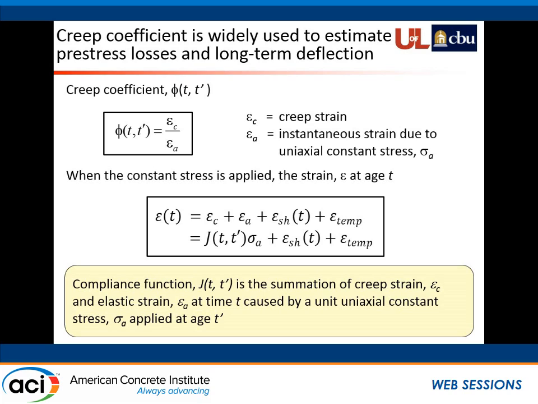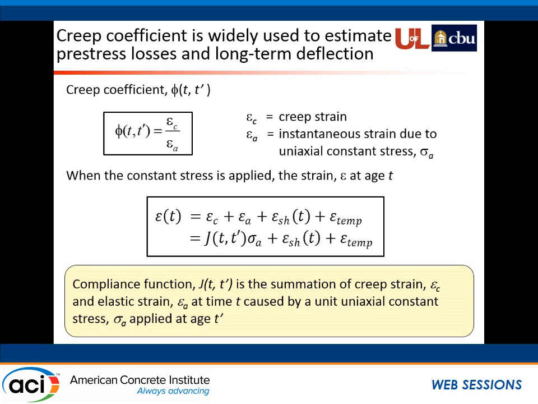Is that the strain over here? It is the summation of the creep strain plus the elastic strain, the shrinkage strain, and the temperature strain. These four terms are summed together, and then we can get the total strain of the bridges.